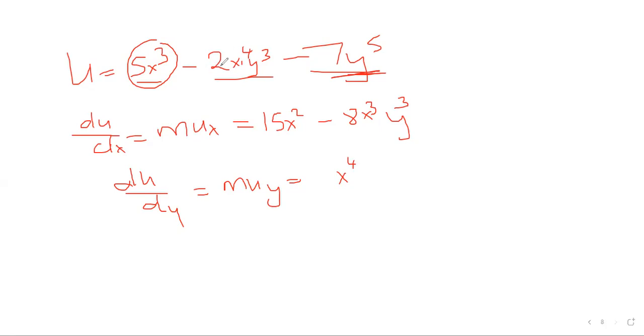So if we're differentiating negative 2y3, what do we get? Negative 6y2. And here, minus 7y5, we get minus 35y4. That's how we differentiate. This is how we get this derivative. So are we following? Are we together?